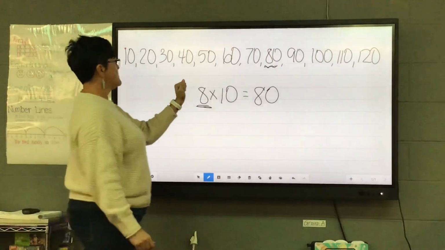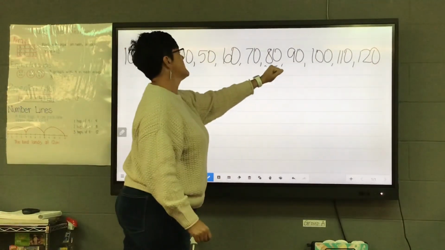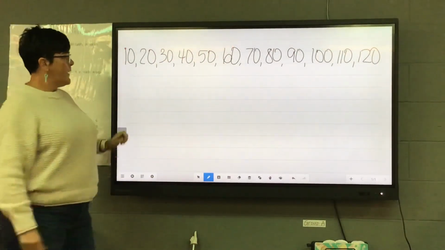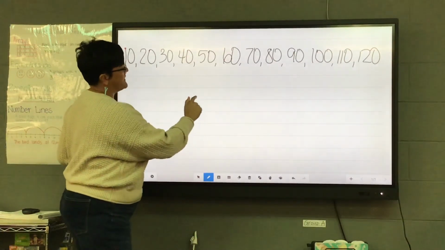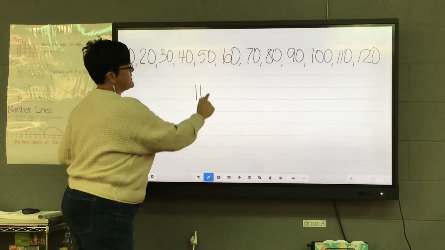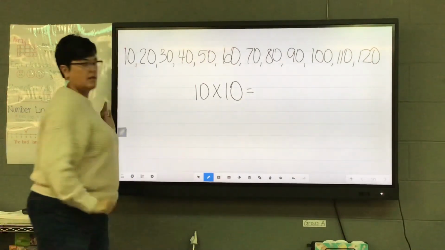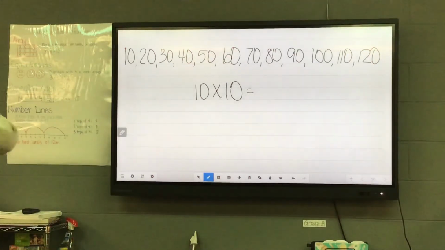What about, I'm just going to erase this part and get rid of that now. What if I wanted to find this product? Could you use what you have on your desk to help you? Why'd you erase it?